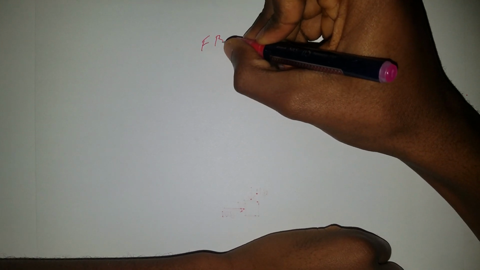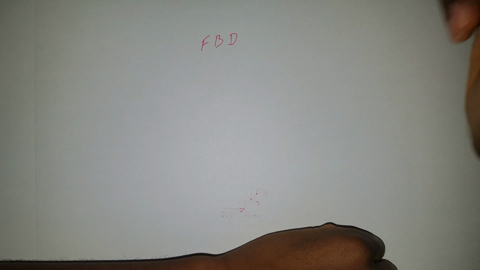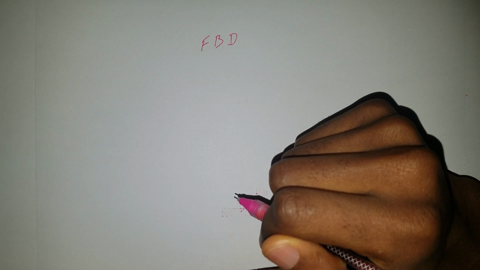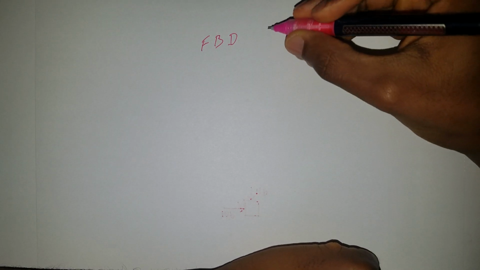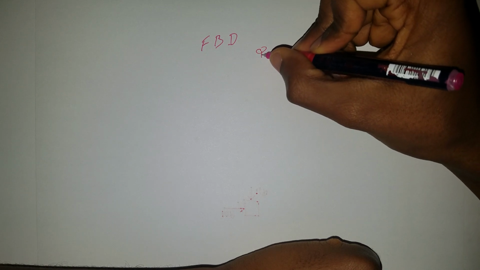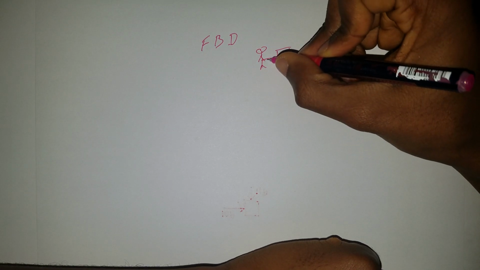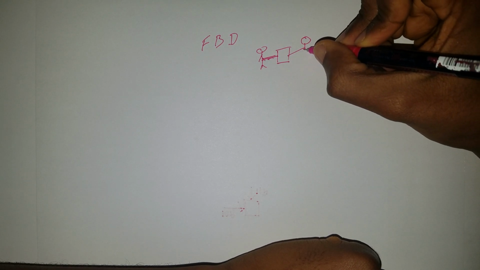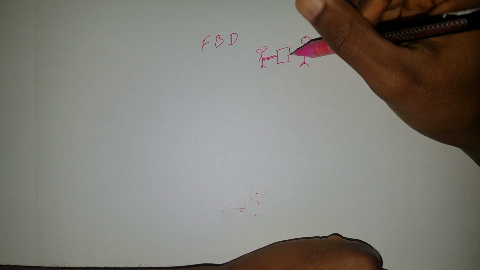So a free body diagram, often written as FBD, is simply a representation of forces on an object. So say we have two people pushing a box. This person has long arms, and this person is pushing this box.